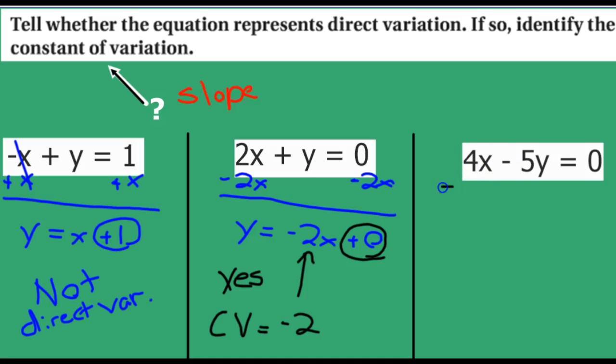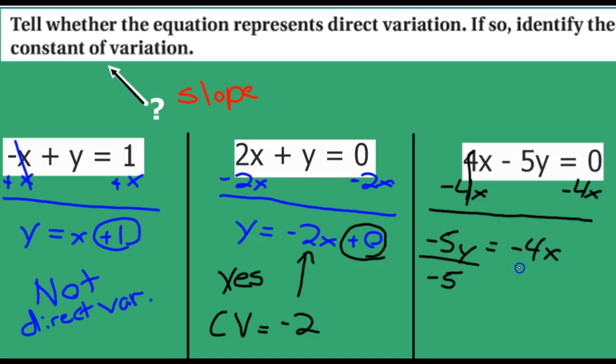This last problem, we're going to subtract 4x. So we get negative 5y equals negative 4x. Now, plus 0, but we don't need to write that. So we can divide by negative 5.